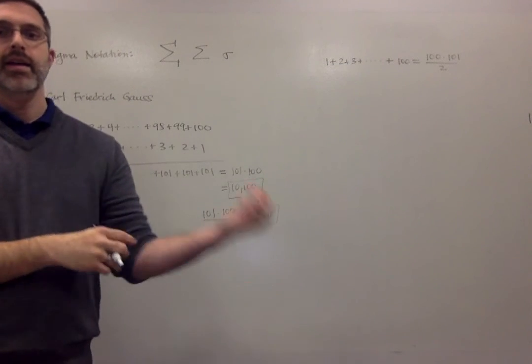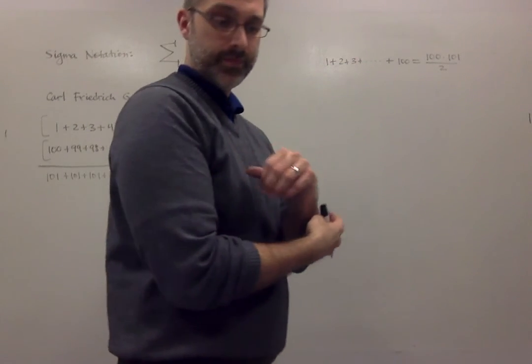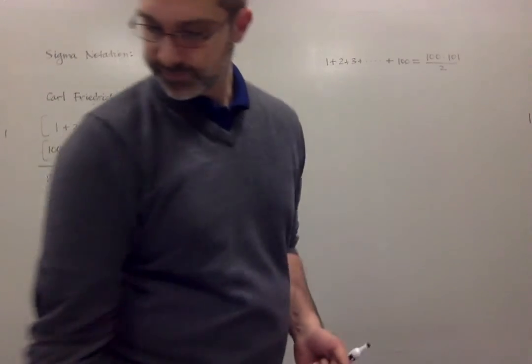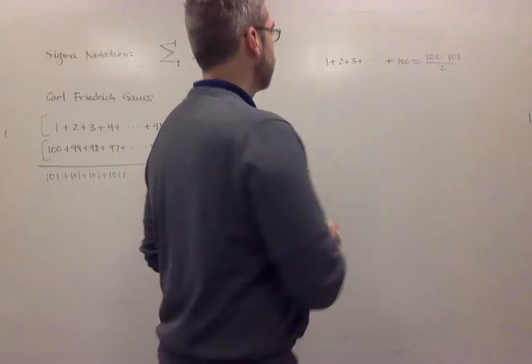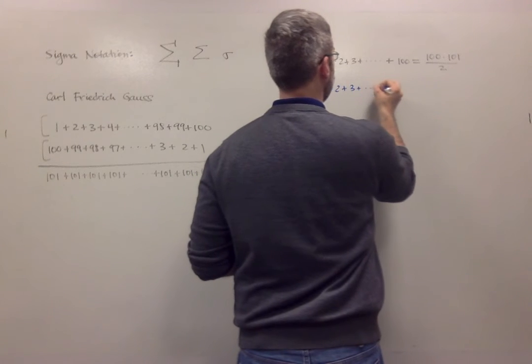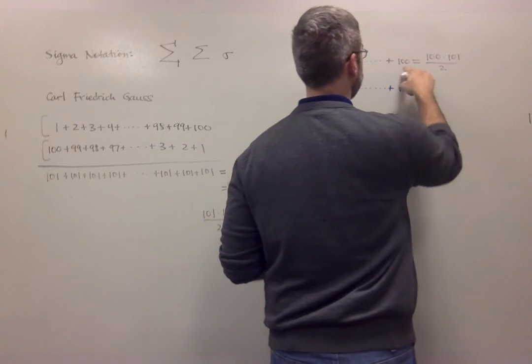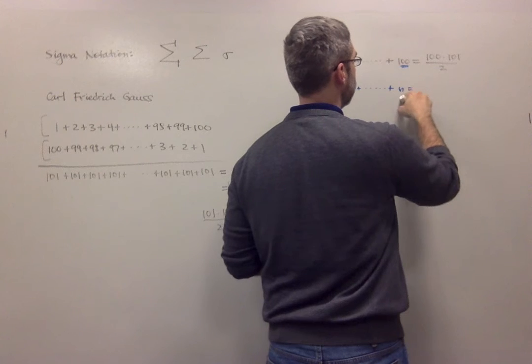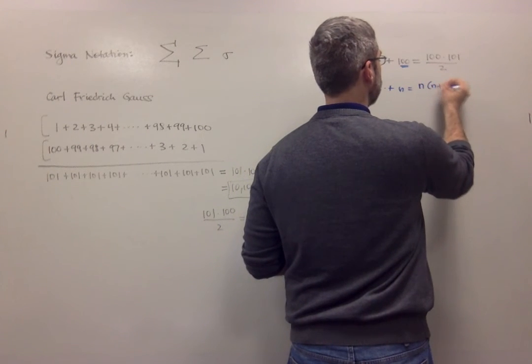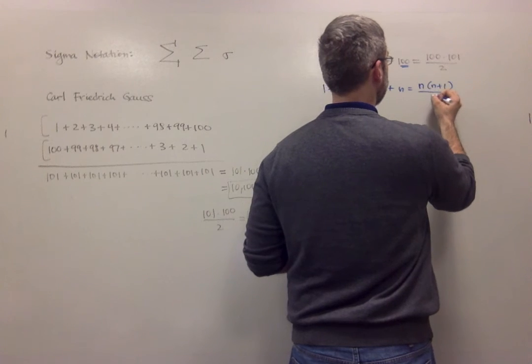In general, the formula that always works is that if I take the numbers from 1 all the way up to some number n, instead of 100, I'm going to use n, that turns out to always be n times n plus 1 over 2.